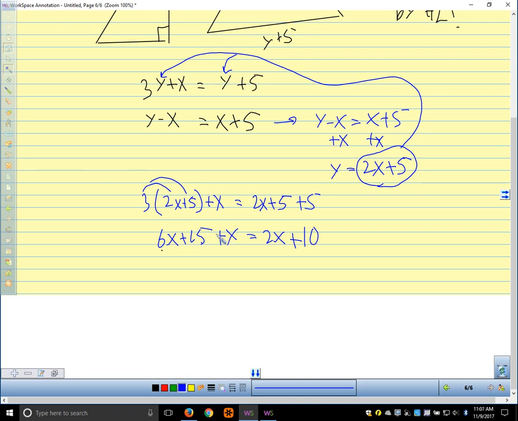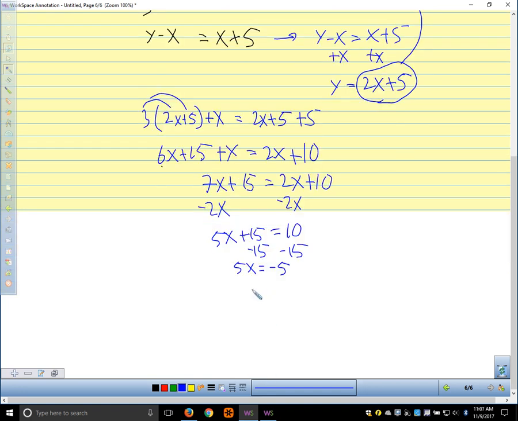Combine my like terms here. 7x plus 15 equals 2x plus 10. I want to get x by itself, get all the x's together. So I get 5x plus 15 equals 10. Subtract 15. 5x equals minus 5. Divide by 5, and x equals negative 1.